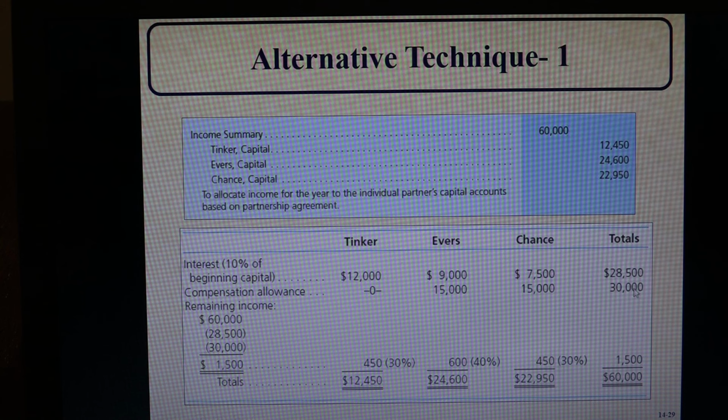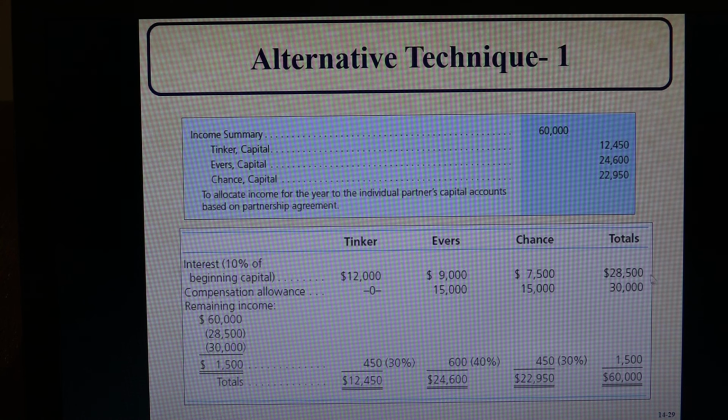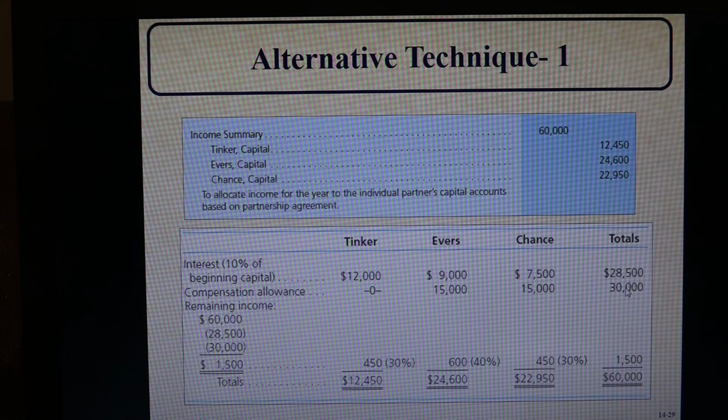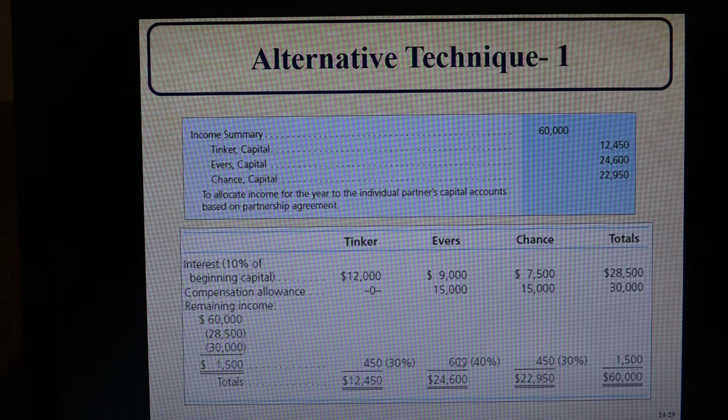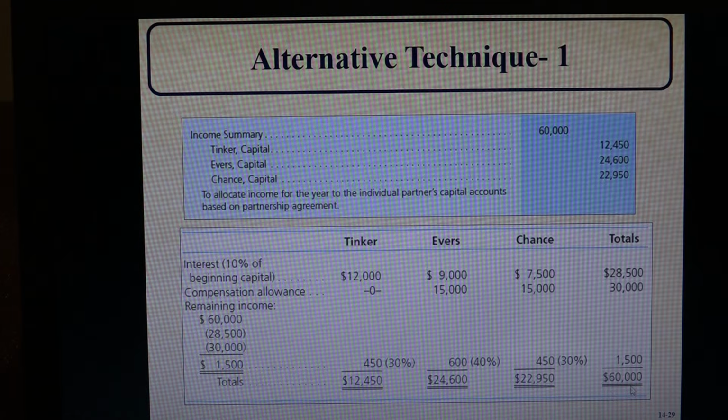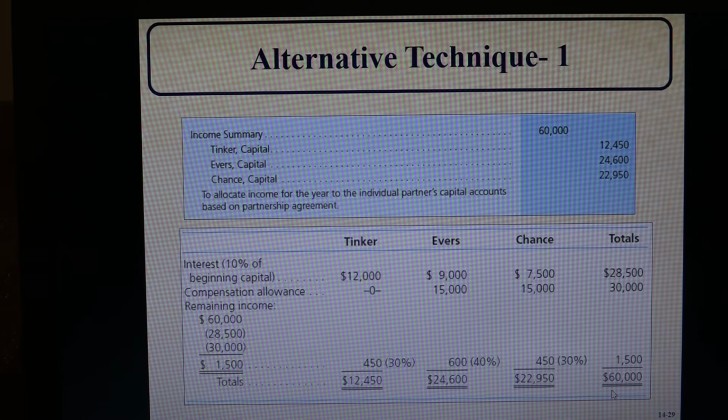That takes up another $30,000. So after all this, you've got only $1,500 that you have to allocate. And so you allocate that $1,500, 30% to Tinker, 40% to Evers, and 30% to Chance. So that's your allocation. So what does that leave you with?